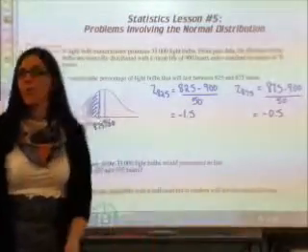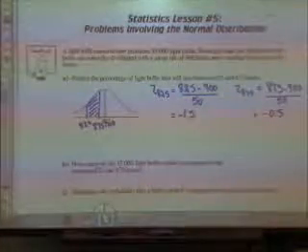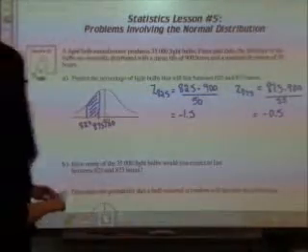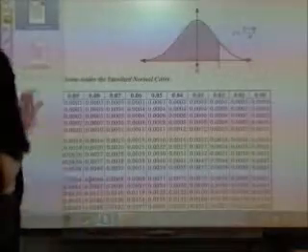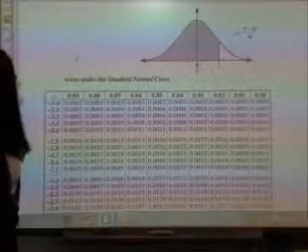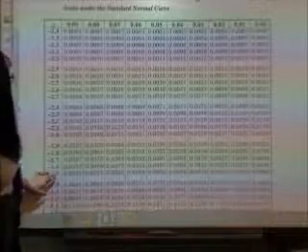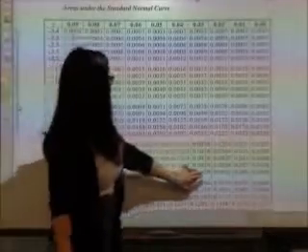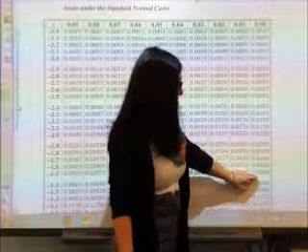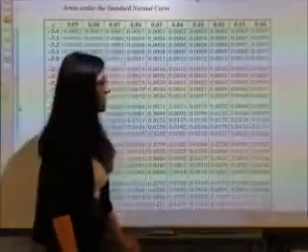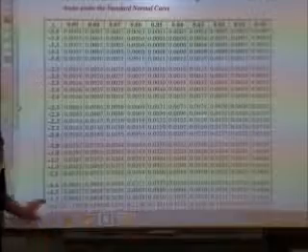So now when I look on my z-score table, what is the area to the left of a z-score of negative 1.5? So that's where you grab your table. And I would be looking at negative 1.50. And to the left, I get 0.0668.